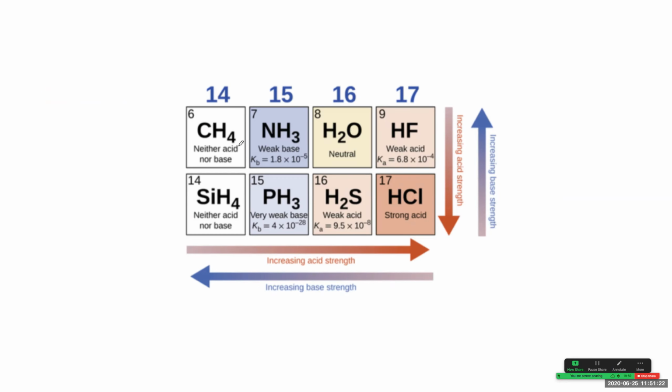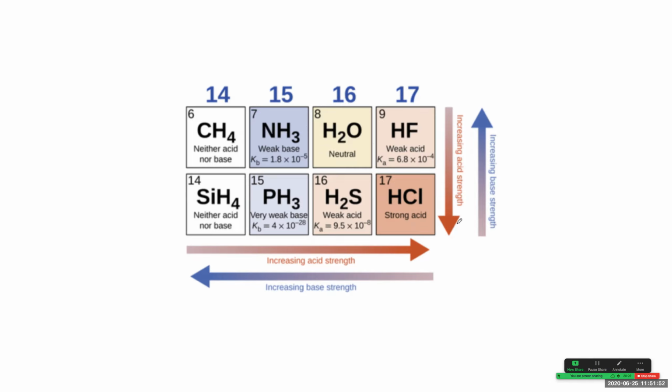So as you look at the compounds of the nonmetals with hydrogen, CH4, NH3, H2O, HF, as we go to the right, we get stronger and stronger acids. SiH4, PH3, H2S. H2S is a weak acid. HCl, we get stronger acids as we go to the right.